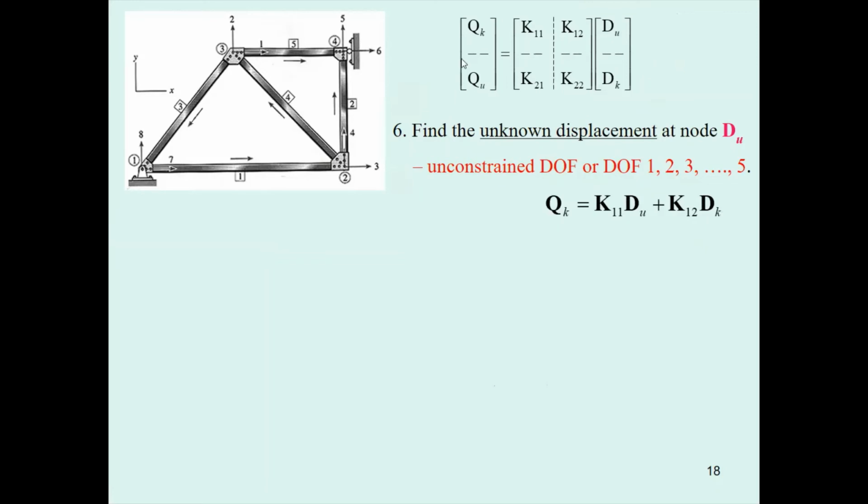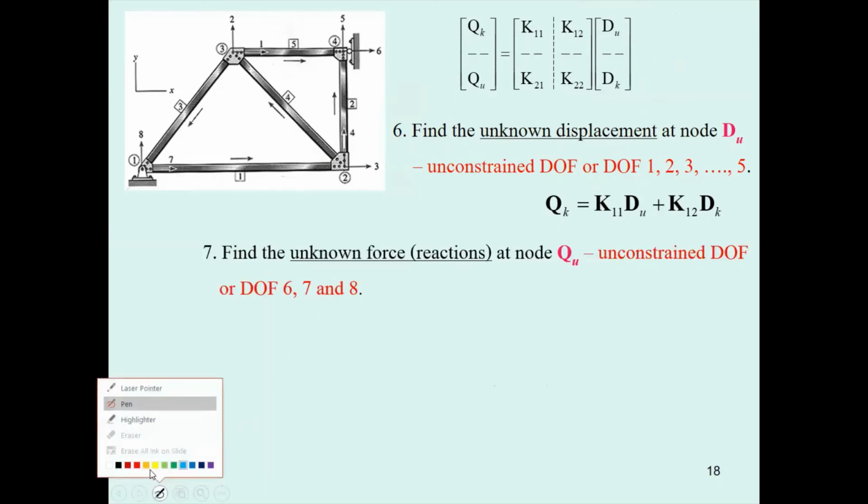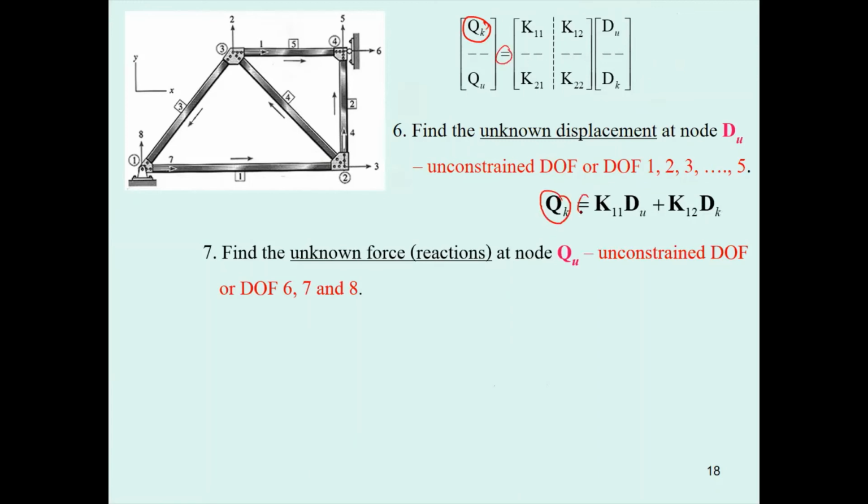For this one, you can see this Q sub K will equal K sub 11 times D sub U, plus K sub 12 times D sub K. This is going to be a number, and then this one will interact with this one, and later you can use mathematics to determine the D sub U. When you know D sub U, this is known by your computation.